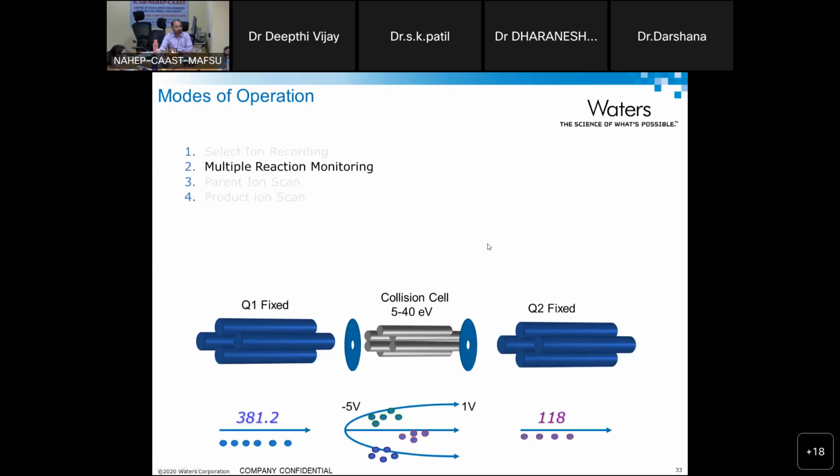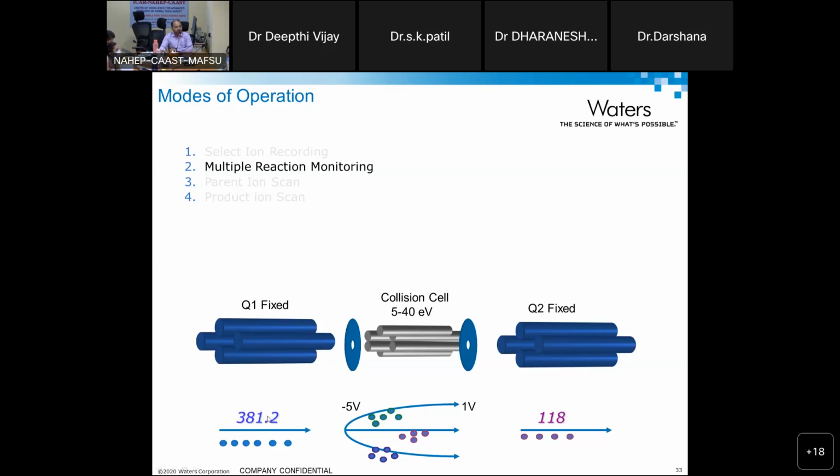Next is multiple reaction monitoring. As the name suggests, you can make use of multiple masses for the analysis of a particular compound. Let's say for the same compound the precursor mass or parent ion mass is 381.2. In this case, Q1 will be kept fixed.